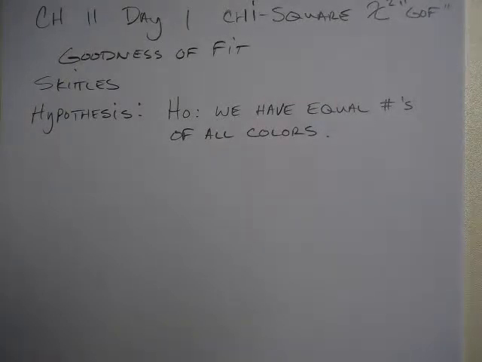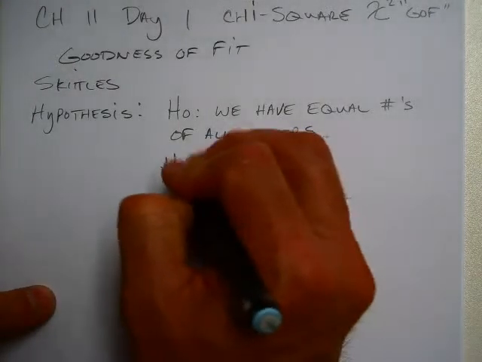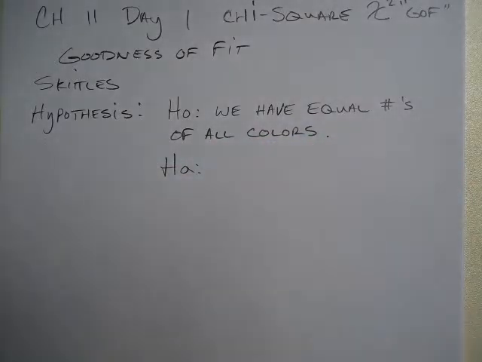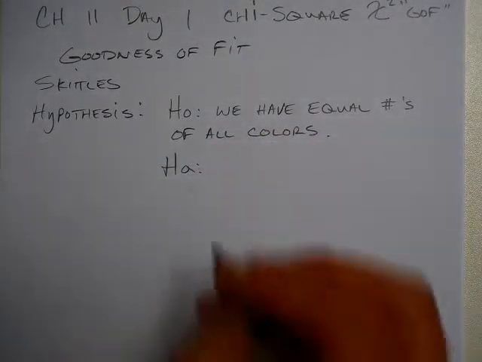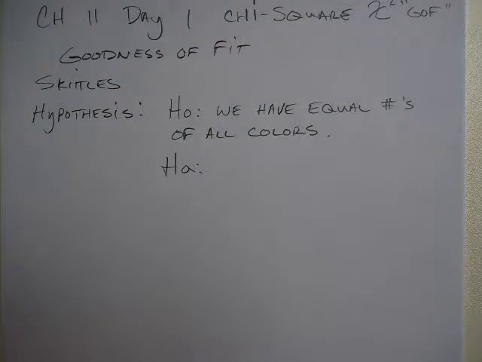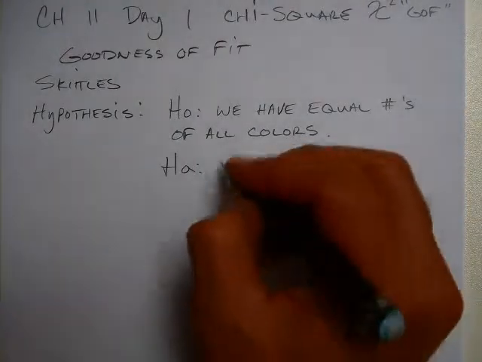So the null is what we expect. The alternative is a little different than we've looked at before. It's at least one color is different, not in terms of the value of the color, but how many we get.